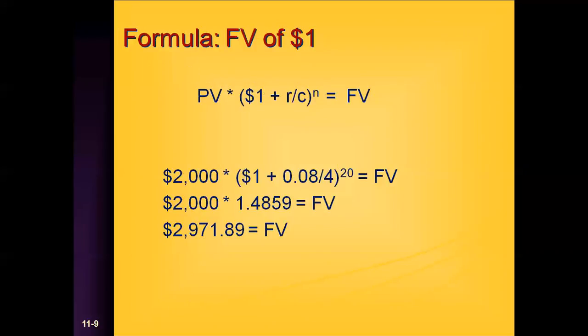So how'd you get that? Well, if you do the math and follow the formula, you've got present value times one plus R/C, raised to n, the number of periods, equals future value. If we plug in the numbers we were dealing with, we've got $2,000 times one plus 8% over 4, raised to the 20th power, equals our future value.